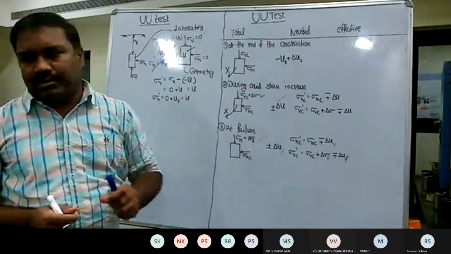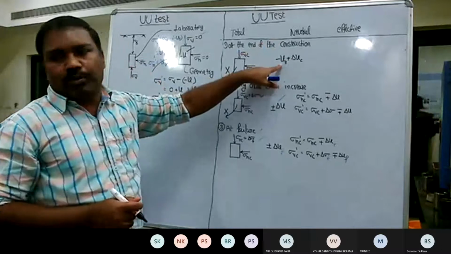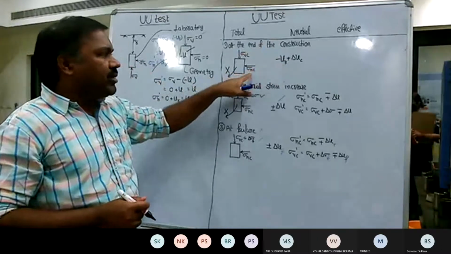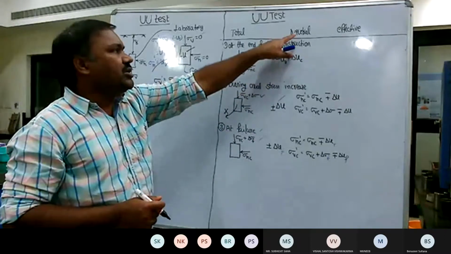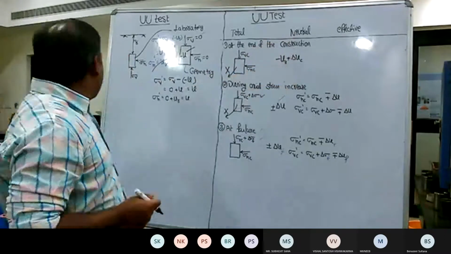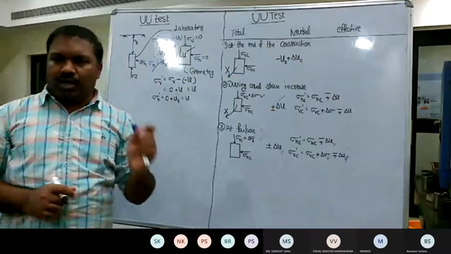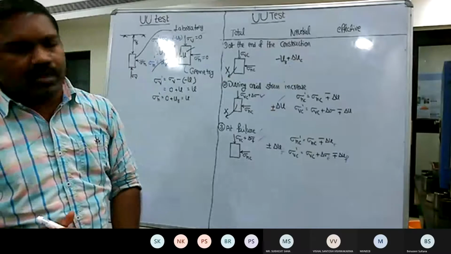But it is a summation. Initially it is negative pore water pressure, and as a result of the application of the confining pressure, it will become positive pore water pressure. So the summation is the neutral stress, that is minus UR plus delta UC. C designates the cell, the pore water pressure as a result of the application of the cell pressure.